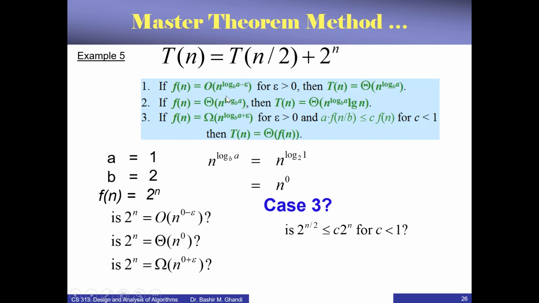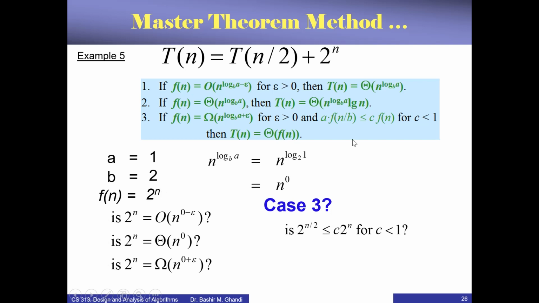So let's see what the second condition says. Okay, so here a is 1, remember, so nothing here. But what is f(n over b)? If you replace n here with n over b, well, b is 2. So basically you have your f(n over b) will simply be 2 to power n over 2.